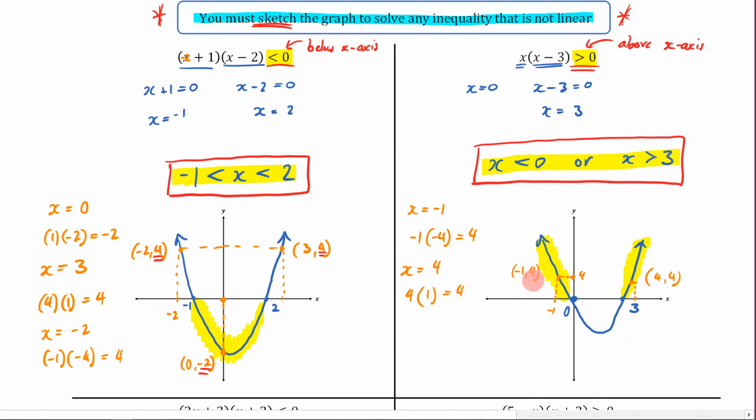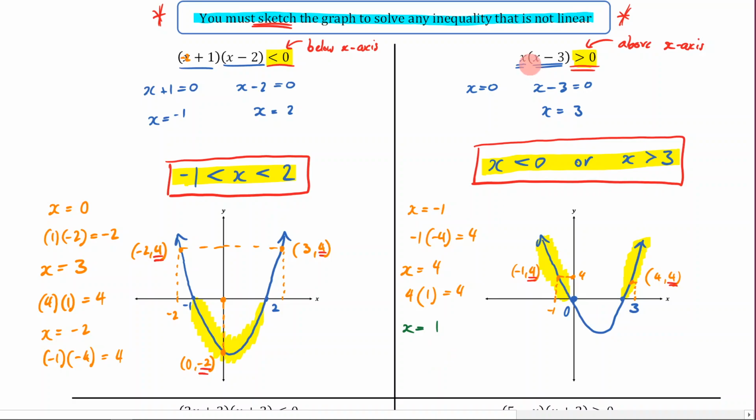So again, what you really need to be paying attention to is this output value. All of these are greater than 0. But if I was to put in a number that was between them, let's go 1. That's a pretty easy one.